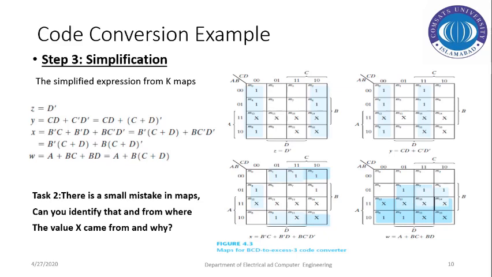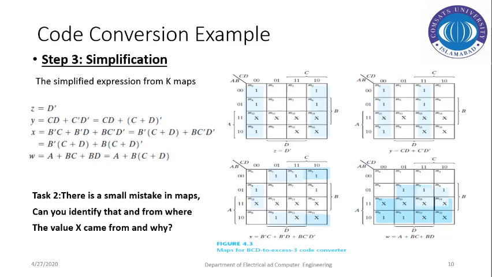For the second group, we have extracted C prime, D prime. So the sum of product expression is C and D, or C prime and D prime.